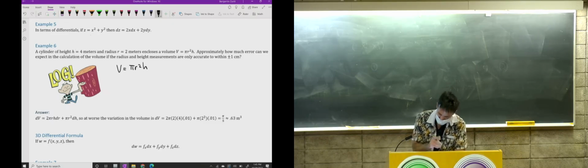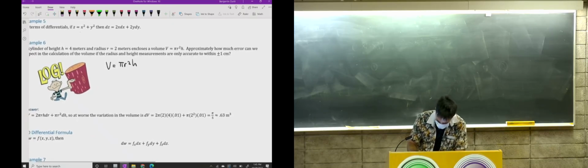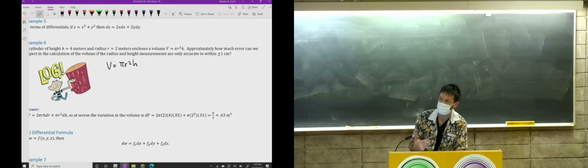If r and h are both only accurate to within plus or minus 1 centimeter, then let's see how much deviation we can expect to see in the volume.